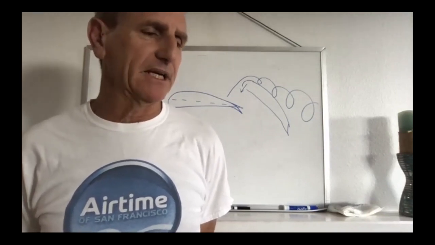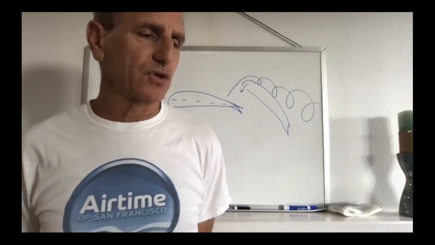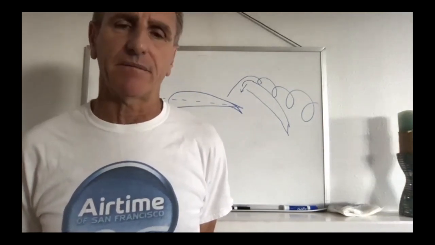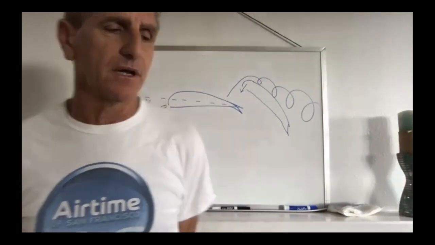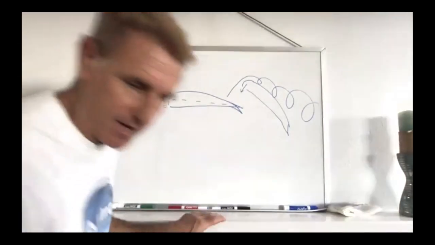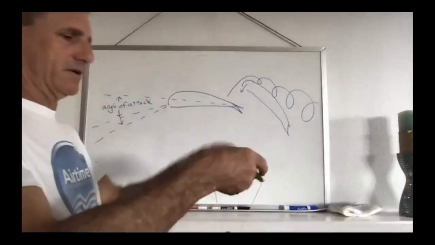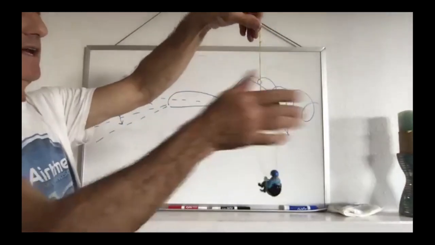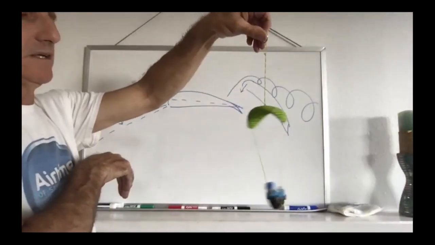A spin is when you stall only one side of the wing, usually the inside part of the wing during a turn. And when that inside wing stops flying, the paraglider starts going like this. It actually stays inflated, and it's called the spin.